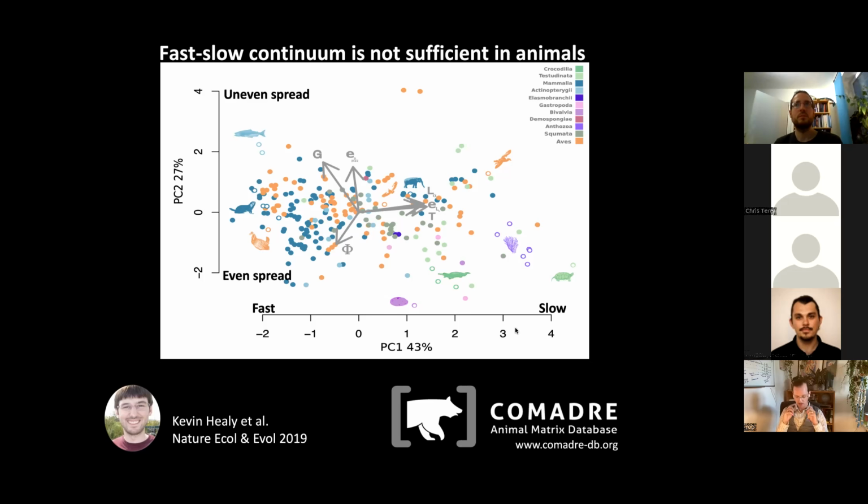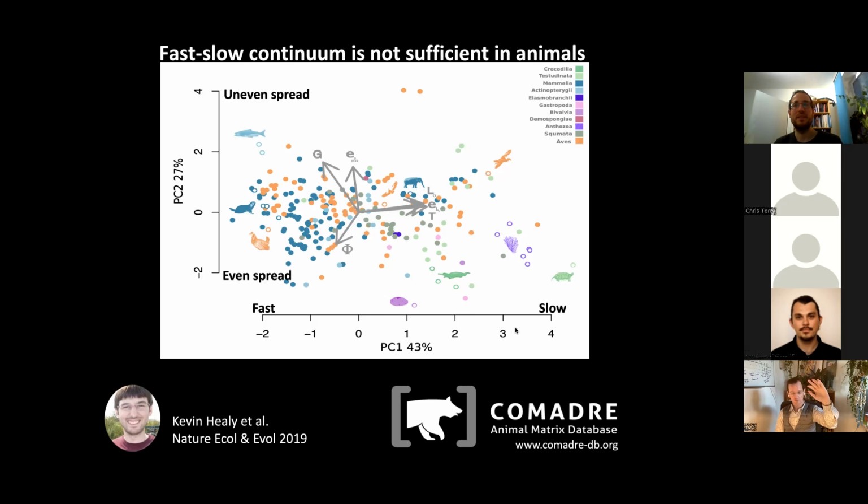And just to make it clear, the previous analysis that I showed you had highly iteroparous plants at the top and highly monocarpic or semelparous plants at the bottom, species that reproduce just once. Thank you to reviewer number two. Reviewer number two, if you're in the audience, thank you very much for that. We had to reverse the axis and therefore make this comparison a bit more confusing.